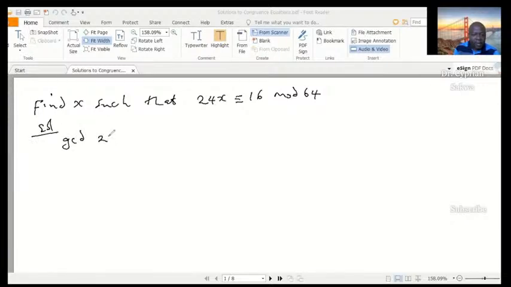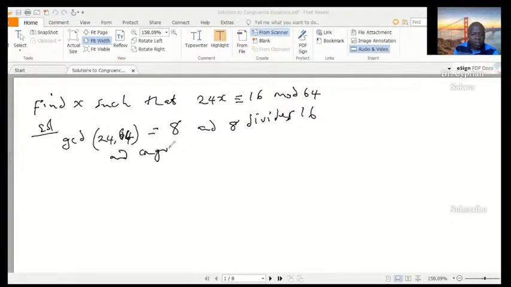The GCD of 24 and 16 and 64 is 8. And 8 divides 16. And therefore, this congruence has 8 solutions.